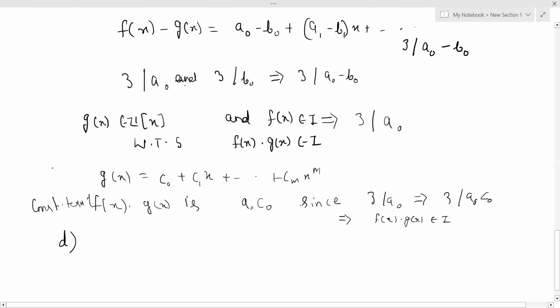Okay, D. So what is D? It is saying the set of all polynomials such that the sum of all coefficients is 0.